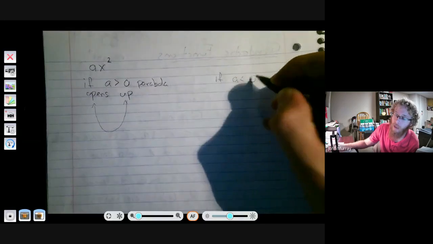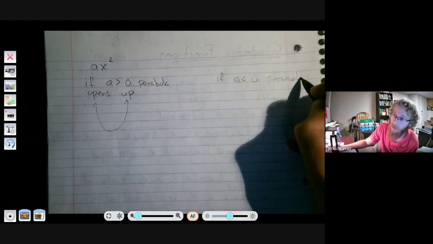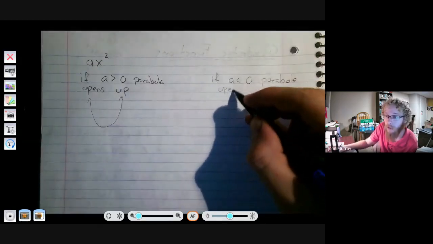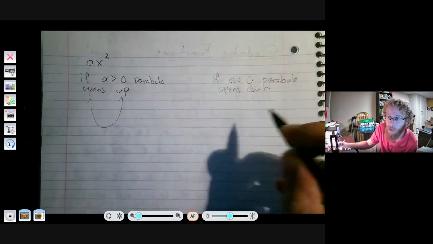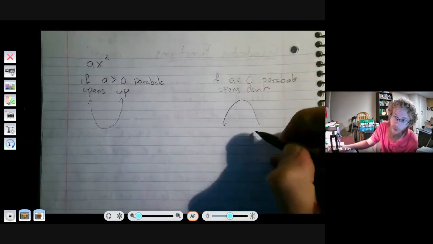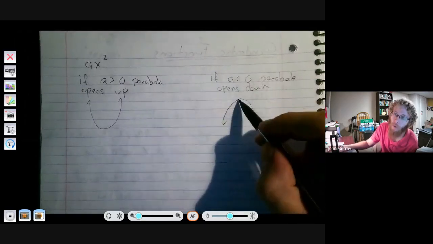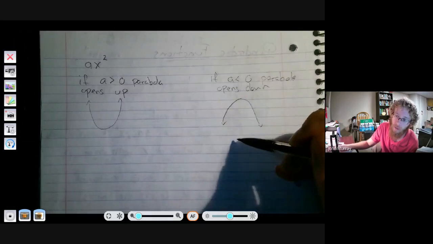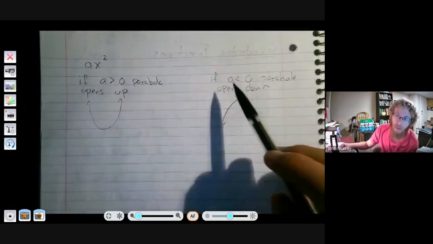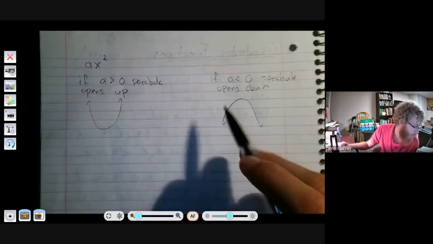If your a is less than 0, in terms of geometry, when we throw a negative in front of a function or a term, it reflects it over the x-axis. So if your a is negative, if it's less than 0, your parabola will open down.